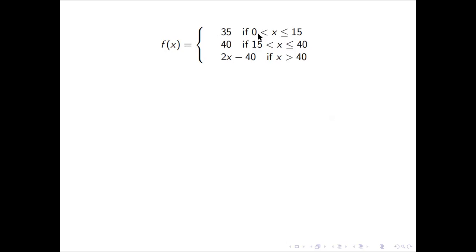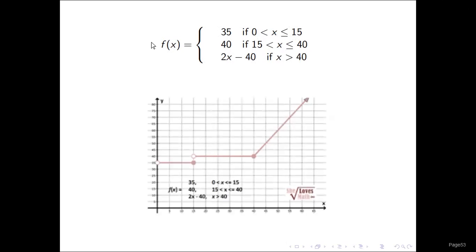Greater than 0, why? No dog has 0 weight, technically, okay? F of X equals 40 if between 15 and 40, including 40. And what we got a while ago, for greater than 40, it's 2X minus 40. So that's the model function. And the graph is there.